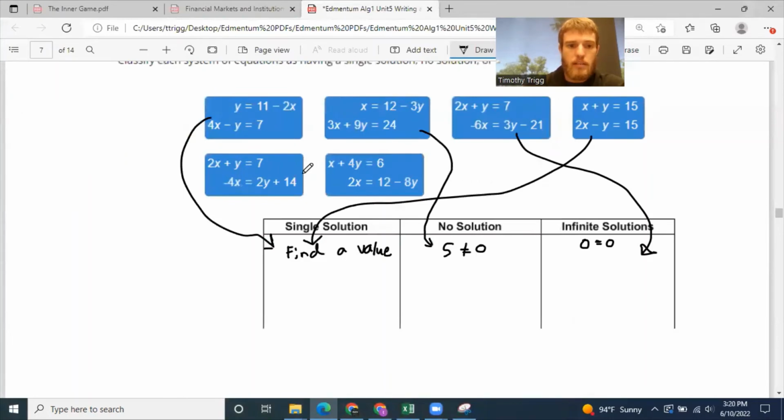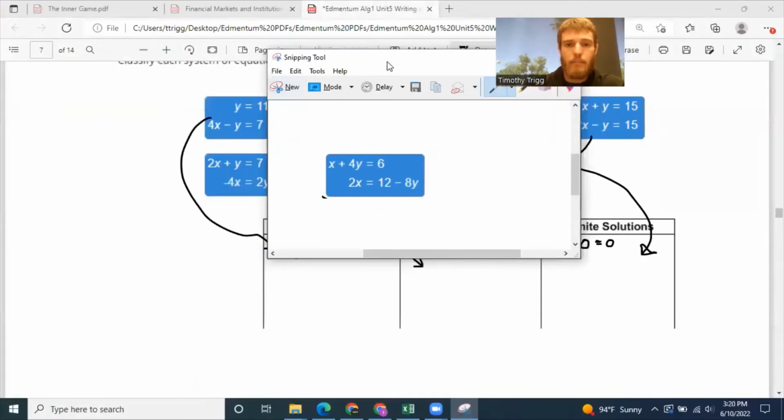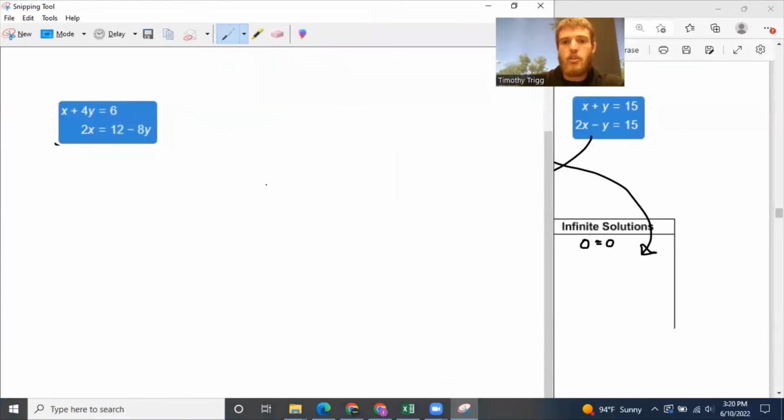So because that's not true, this one goes into the no solution. I'm going to guess that this last one goes into infinite solutions, but let's just go ahead and check. And by the way, another way you can check is just by graphing them, right? Because if you graph them, then you'll be able to see whether they cross in one location or don't cross at all, or if they cross at infinite places, meaning they're the same line.